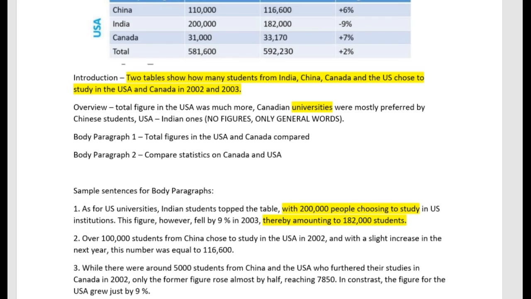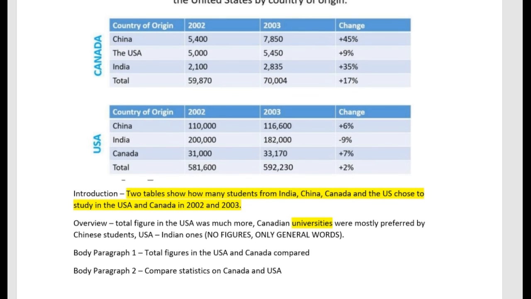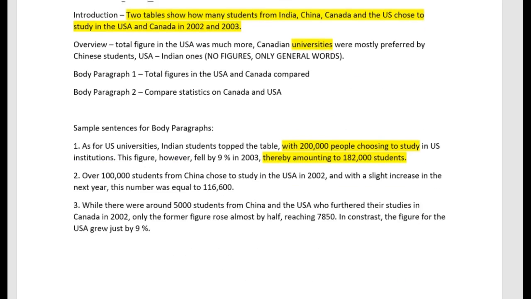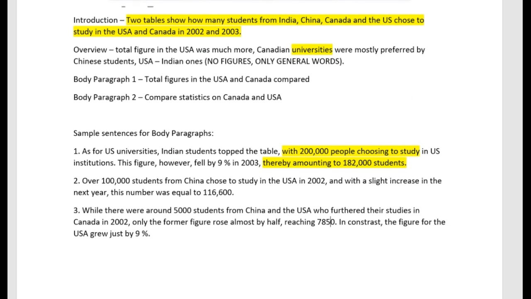In contrast, or by contrast, this linker is meant to show the contrast between China and the USA. They both started at almost the same point. You can observe this: 5,000 and 5,400, almost the same. So the figure rose by half, and in contrast, the figure for the USA grew just by 9%. Both are fine.